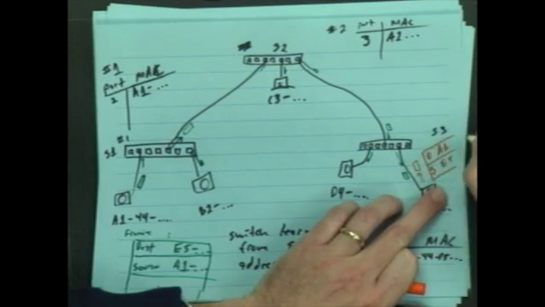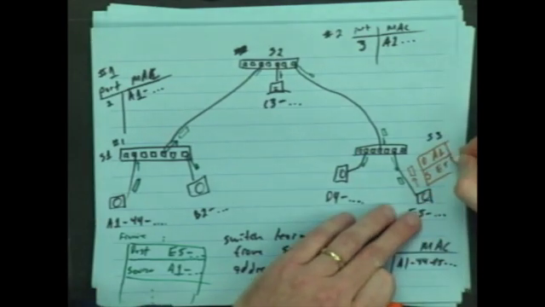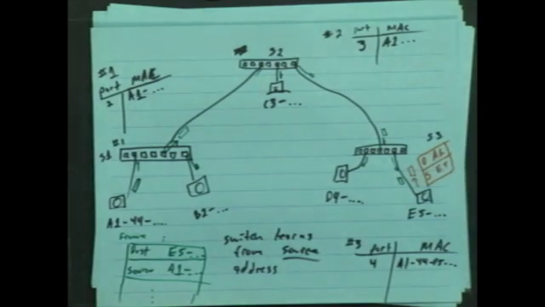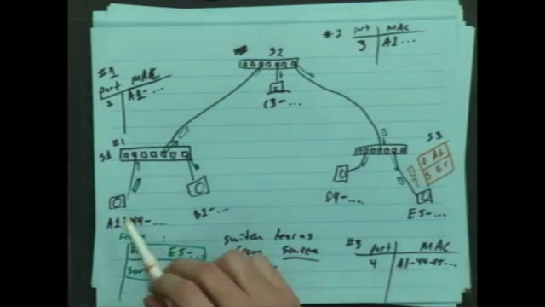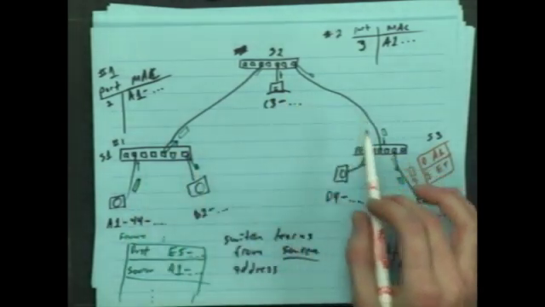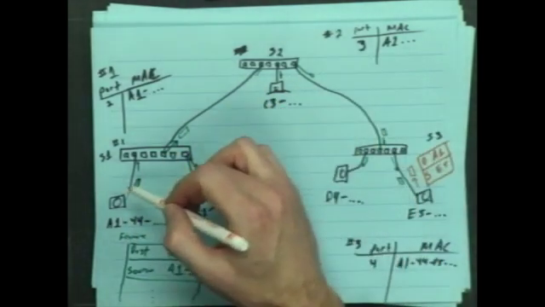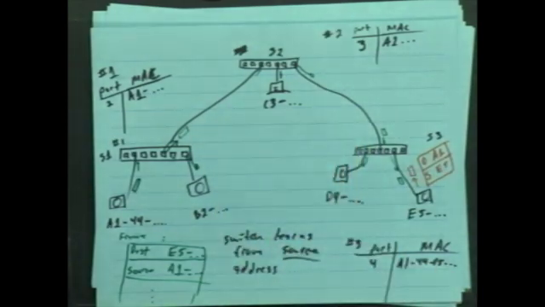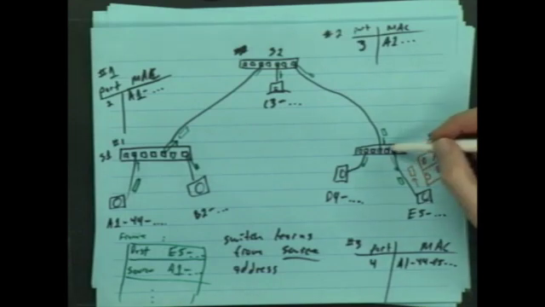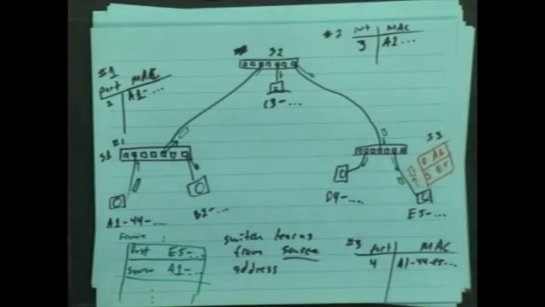This is a new frame coming out, destination A1, source E5. Are we cool with this? So this is its response. A1 sent something, hi, how's it going? It's going great, and that comes marching back. Now, when this frame, destination A1, source E5, gets to switch 3, what does switch 3 do?